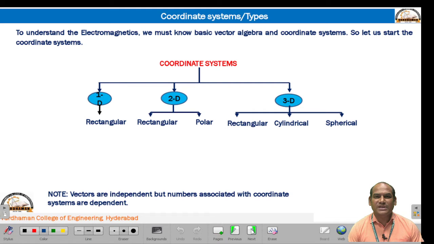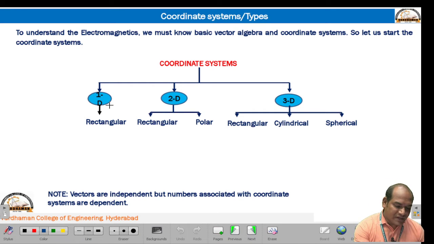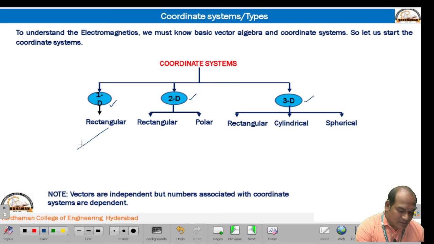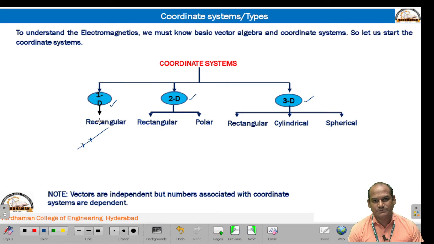We have three types: one dimensional, two dimensional, and three dimensional coordinate systems. In the one dimensional case, we have only one type, the rectangular coordinate system, for the representation of points on a line. On a line, any point can be represented by using this coordinate system.